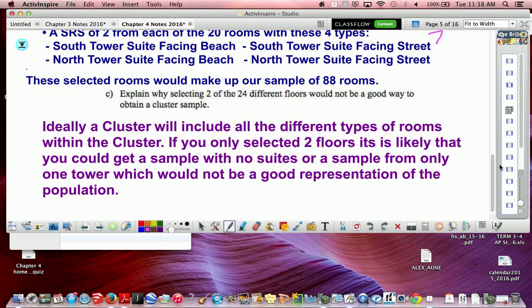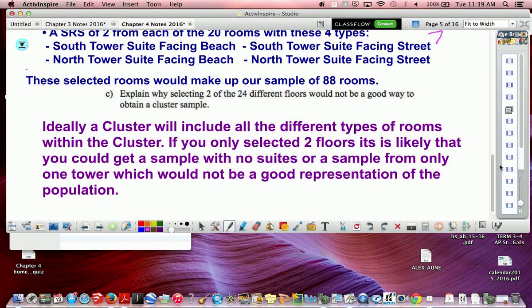So if you are going to actually cluster, if I'm looking at this hotel room, I want to make sure that I get both beachfront and street. I want to make sure I have suites, and I want to make sure I have new and old. What I might do is randomly sample 2 rooms from a floor where the rooms are opposite sides of each other. So one faces the beach, one faces the street, and do that number for every room in each tower.